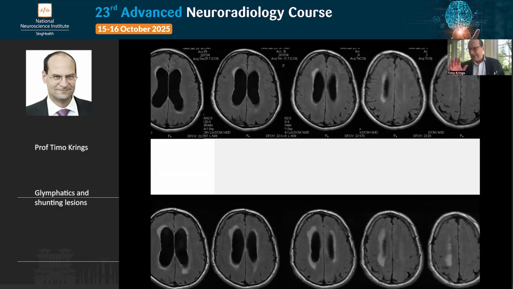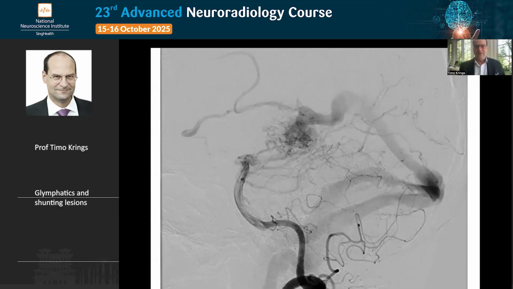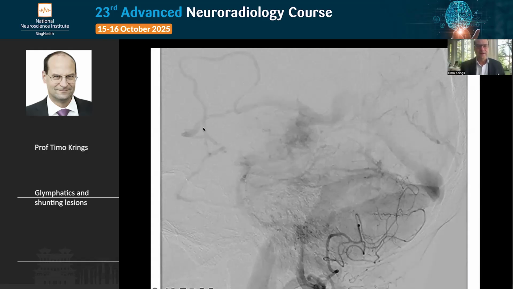So we said, well, maybe there is a correlation with the brain AVM, especially since when we looked back at the angiography that we did in this patient, we saw that this AVM not only drained towards the straight sinus, but had also significant drainage into the transmedullary veins right here.